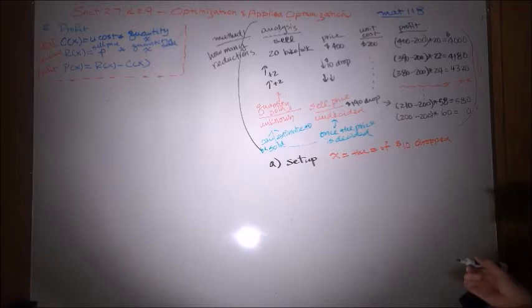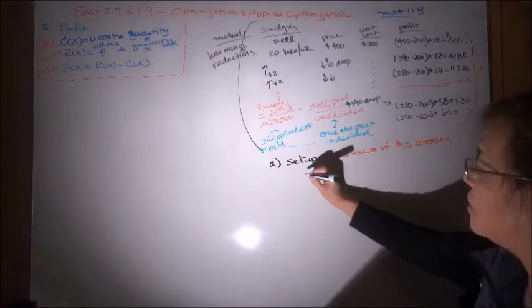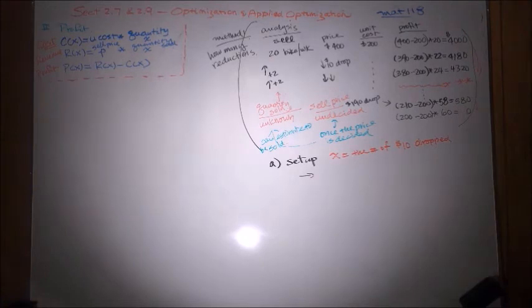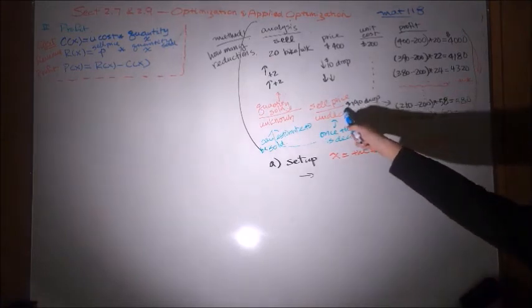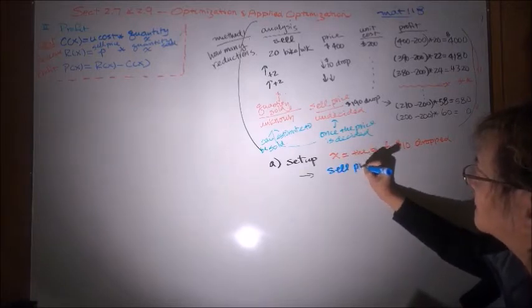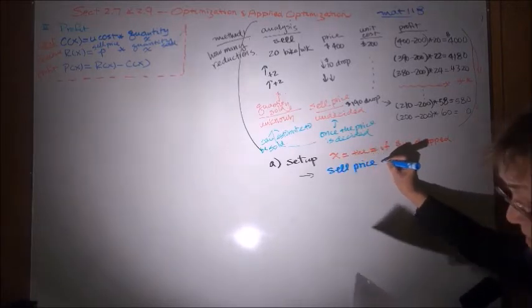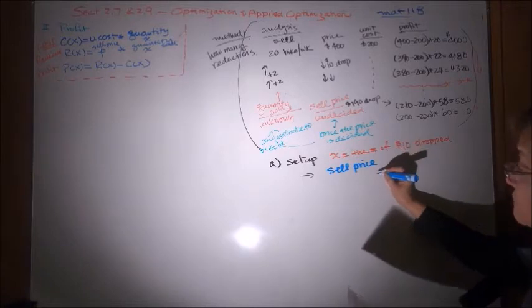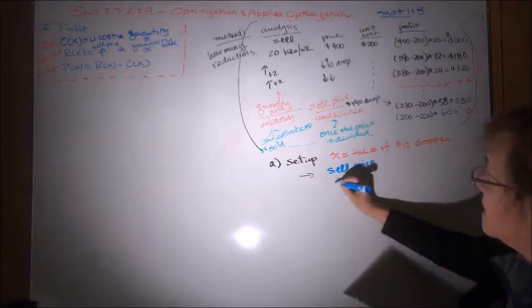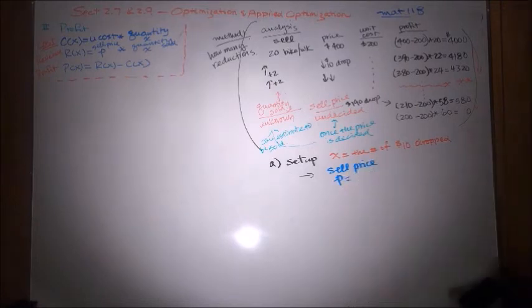Okay? Then what's the sale price? So your sale price, P, would depend on how many $10 drops you make, right?